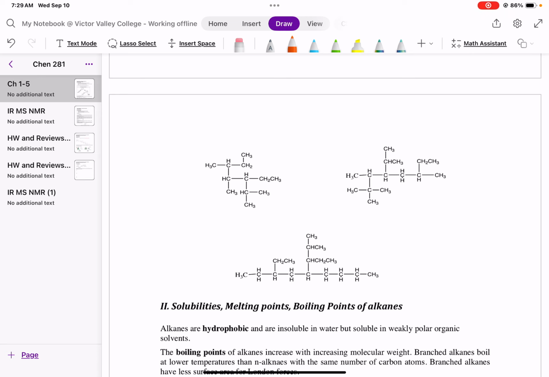Let's say we go from this end for this one: 1, 2, 3, 4, 5, 6, 7, 8, 9. If we go up, 6, 7, 8, so it doesn't matter which way we go, it's shorter. So this one is a branch, that's another branch.